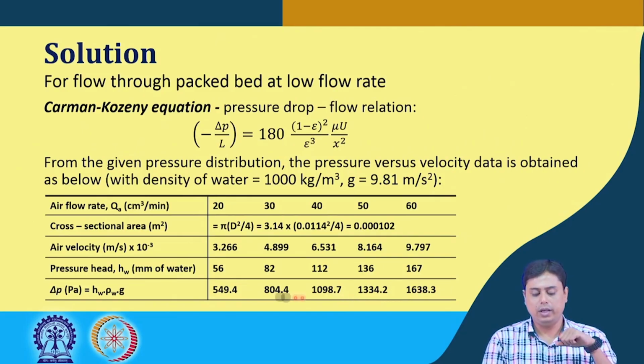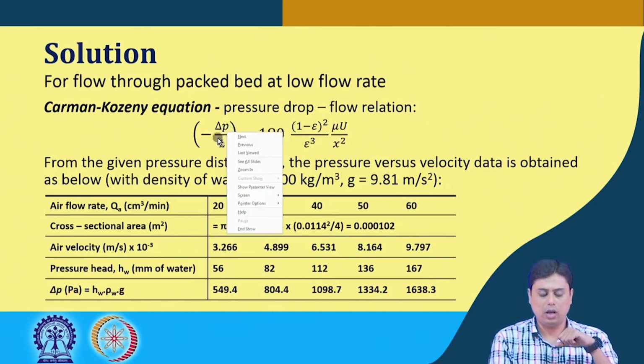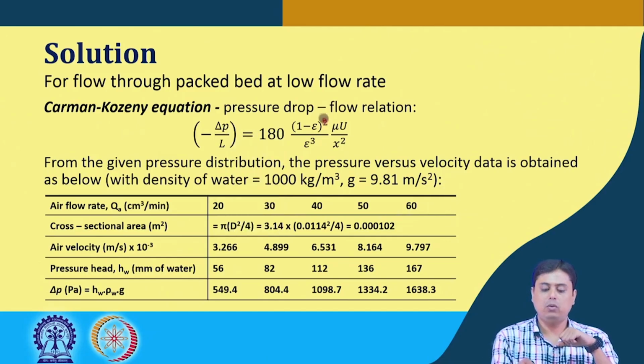So, basically that means now what we have is the air velocity, which is u in this expression, and we have del P of this expression. So, now we have to find out what is the slope. How do we do that? We plot it.